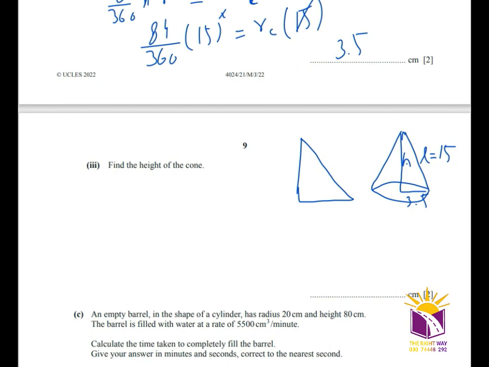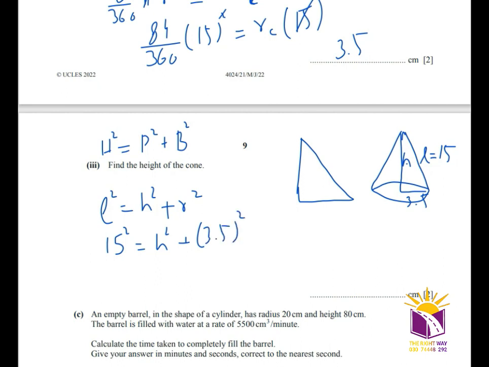So length square will be equal to height square plus radius square. Hypotenuse square is equal to perpendicular square plus base square. So hypotenuse is 15 square, equal to height square, which we have to find, and radius square, 3.5 square.